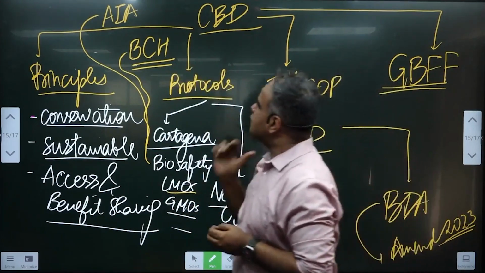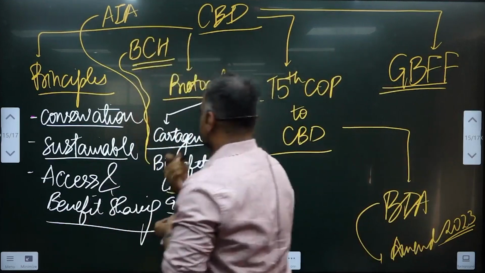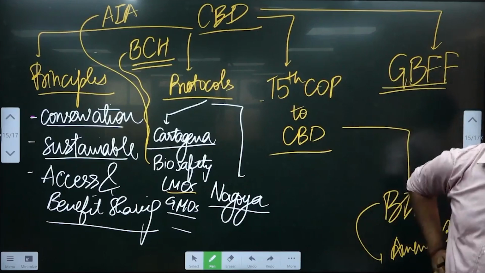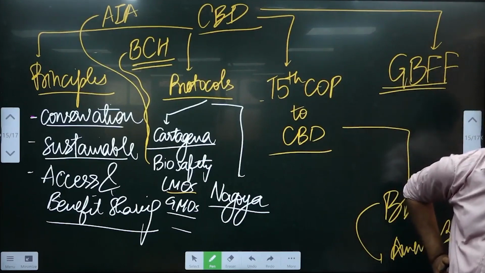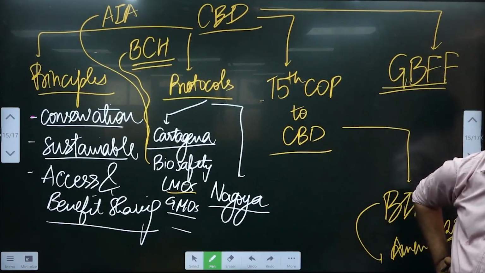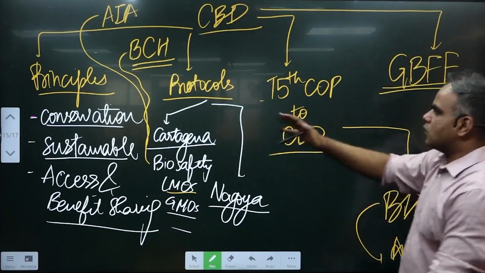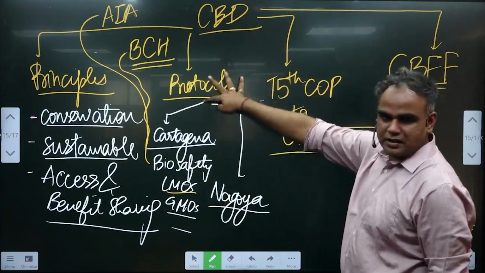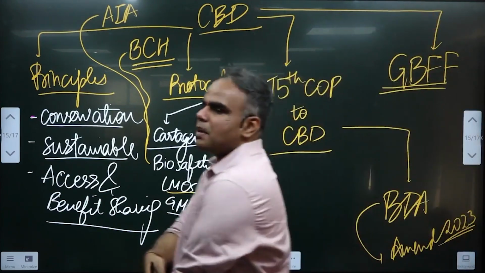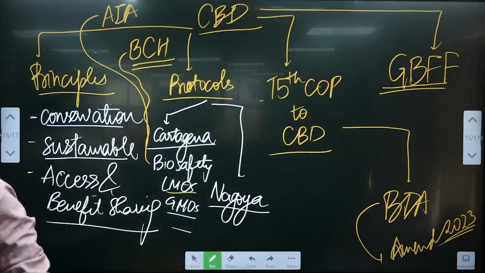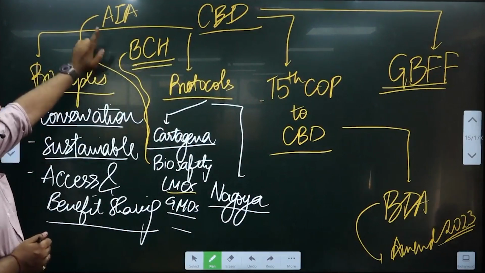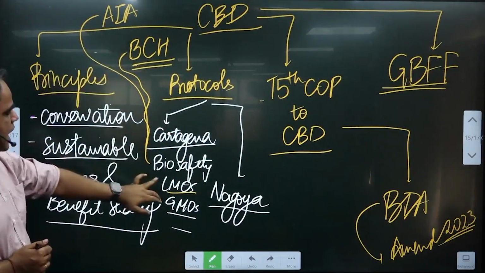In India, you also have GEAC, Genetic Engineering Appraisal Committee. It is under which act? Remember that GEAC is a part of the Environment Protection Act 1986. So this is Cartagena: biosafety, Biosafety Clearing House, advance information agreements, LMOs and GMOs.